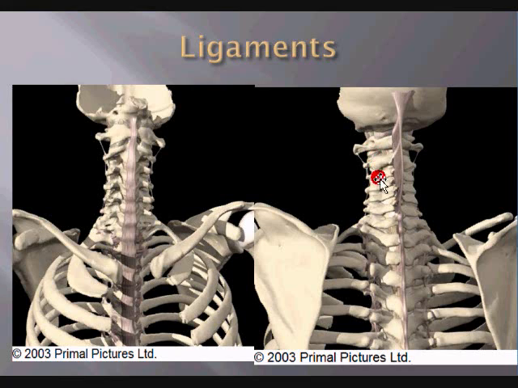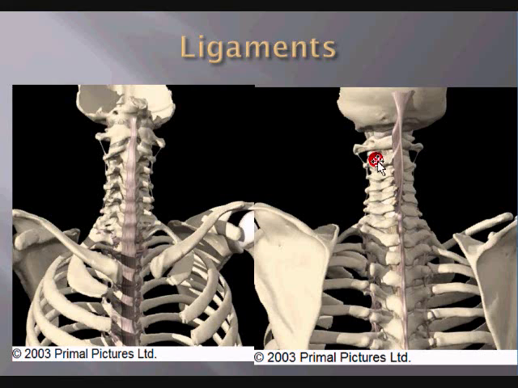It wouldn't make sense for a nerve down in your back to innervate something up here. That's not how the body's put together. As a nerve comes out, it innervates the structures around it. So we know that these are the joints that are innervated by C1, C2, and C3.